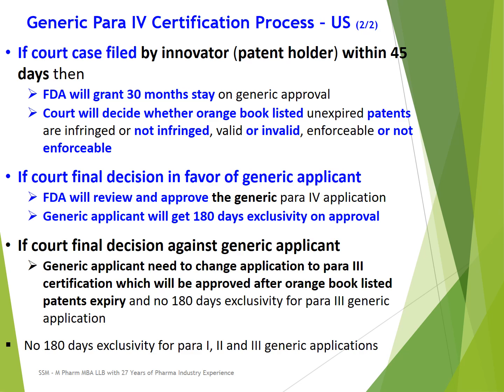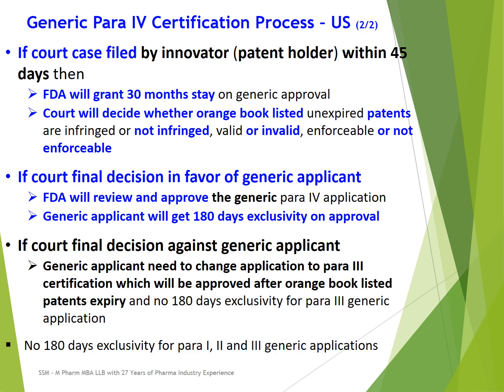But in case of a para 3 certified generic application, there will be no 180-day exclusivity. Also, there is no 180-day exclusivity for para 1 or para 2 generic applications. So only para 4 certified generic applications are entitled to 180 days of generic exclusivity.